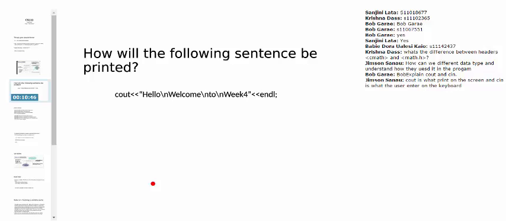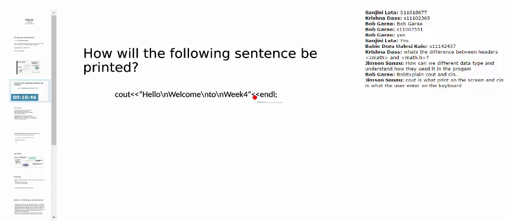Right. So, an exercise for you. Can you tell how the following sentence will be printed? I give you some time. Please work on this question. But before that, I hope you have learned about the escape characters. Like we have this endl, right? This means end of line.